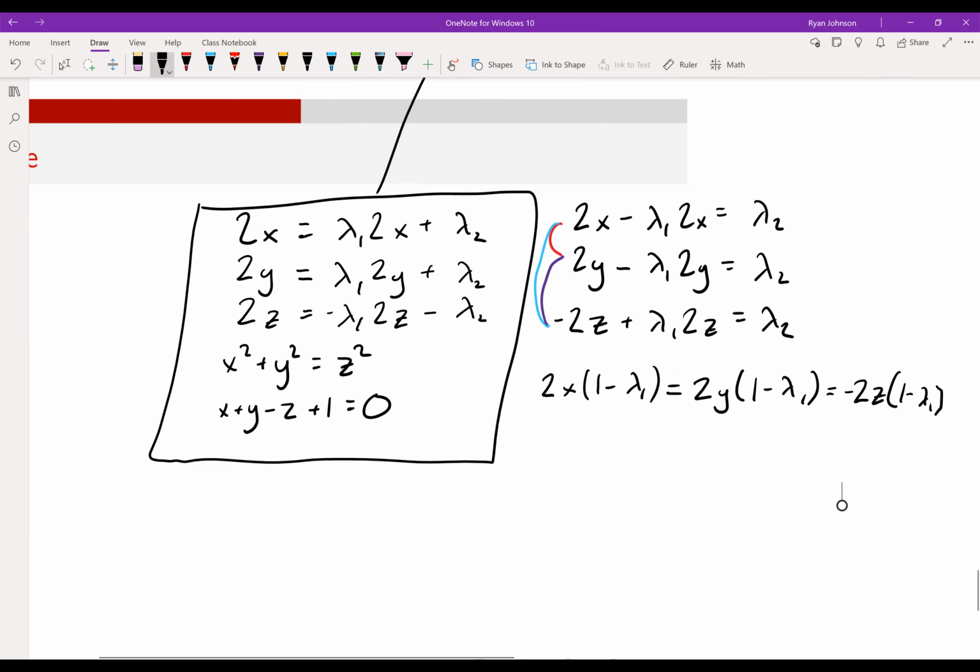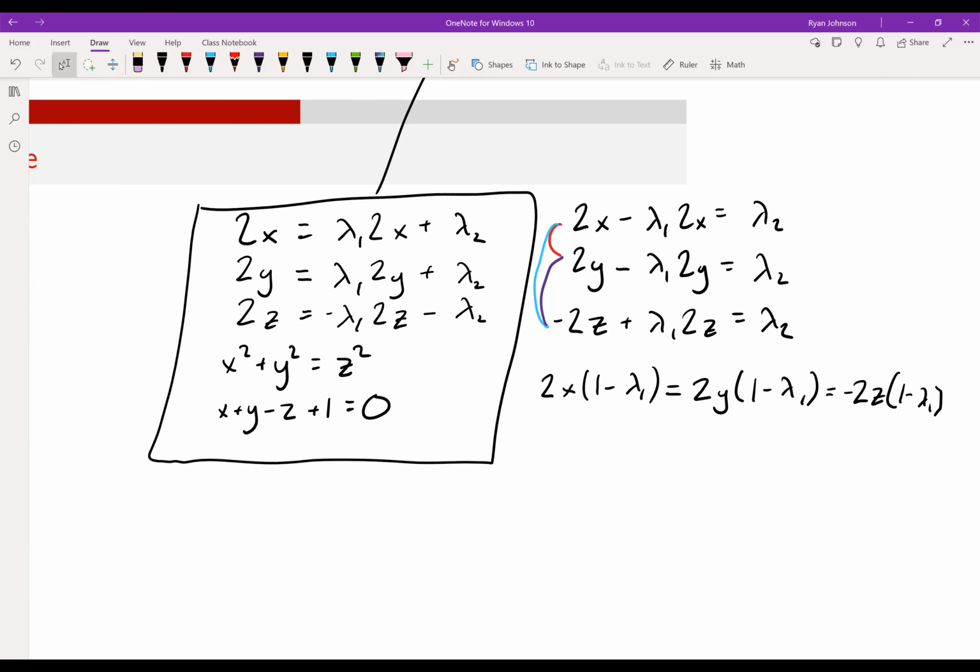Well, as long as lambda 1 is not equal to 1, I can just divide all three equations by that. That's not smart though. No, don't divide by things you don't know. So instead, solve for it. Solve for lambda 1.